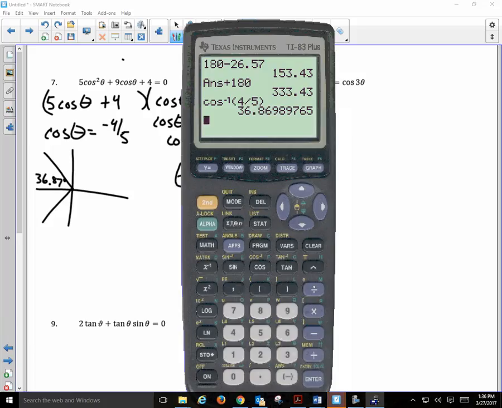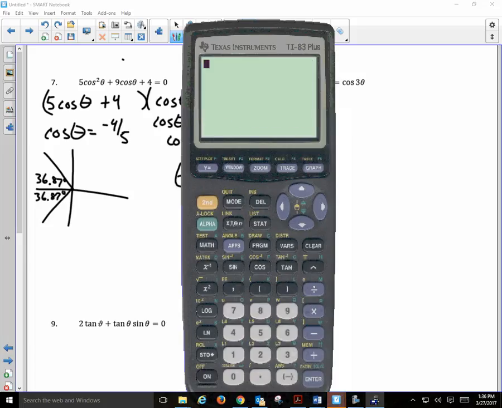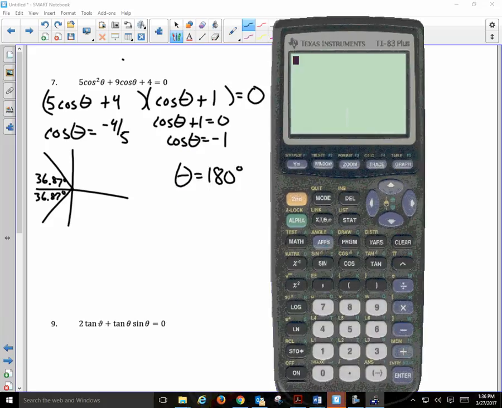I was thinking of the complement. So if we subtract from 90, there's a 53.13. 36.87 will be the reference angle. So 180 minus that would be 143.13. If we do 180 plus, it would be 216.87.